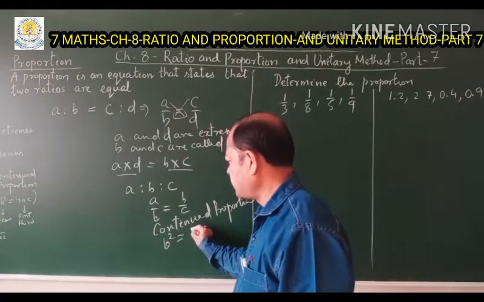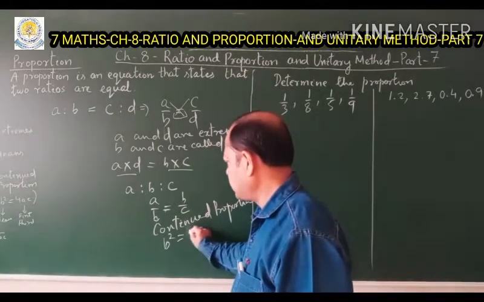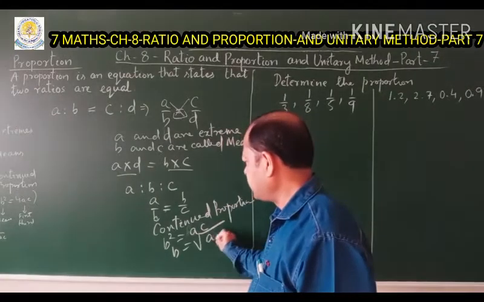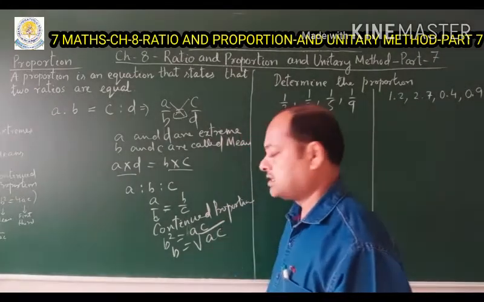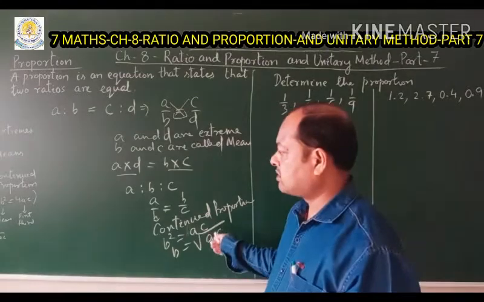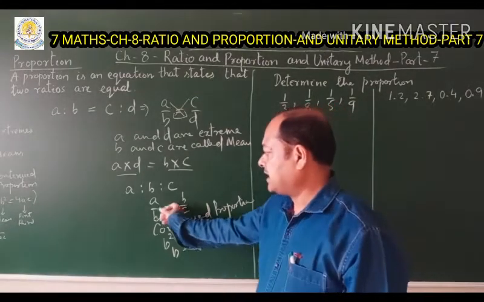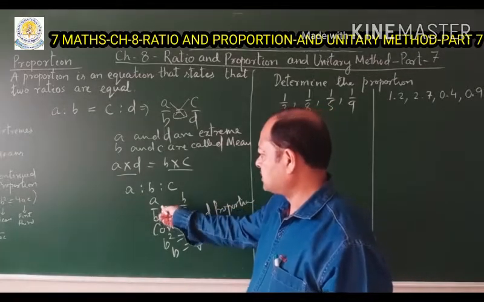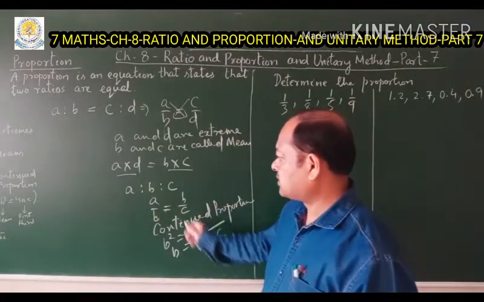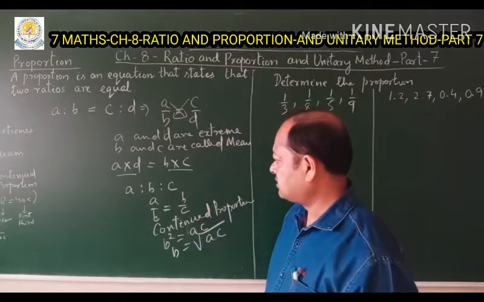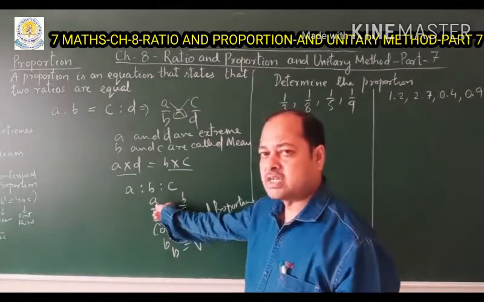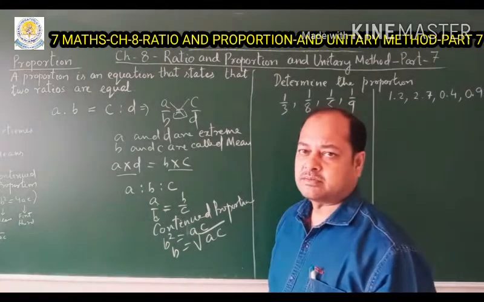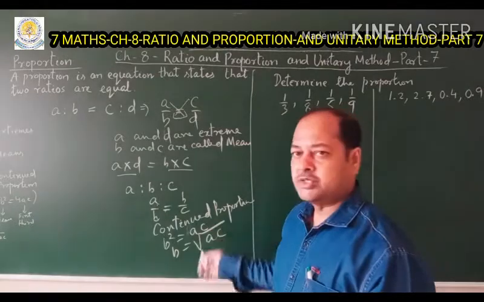So B square equals AC, and we can write B equals square root of AC. Here B is called the mean proportional, A is called the first proportional and C is called the third proportional. So this is about the continued proportion.